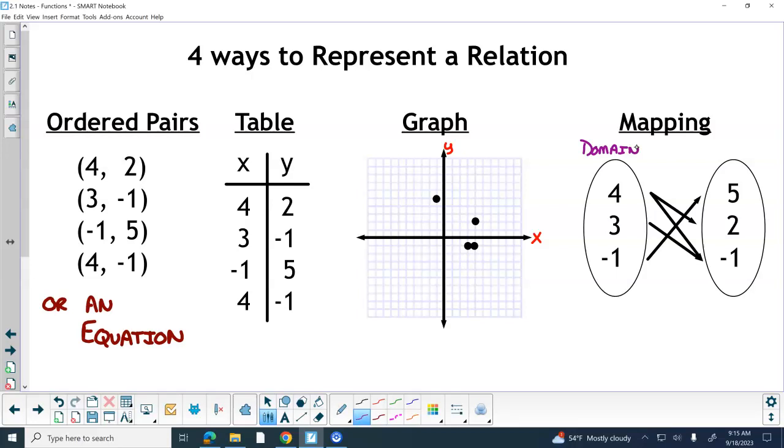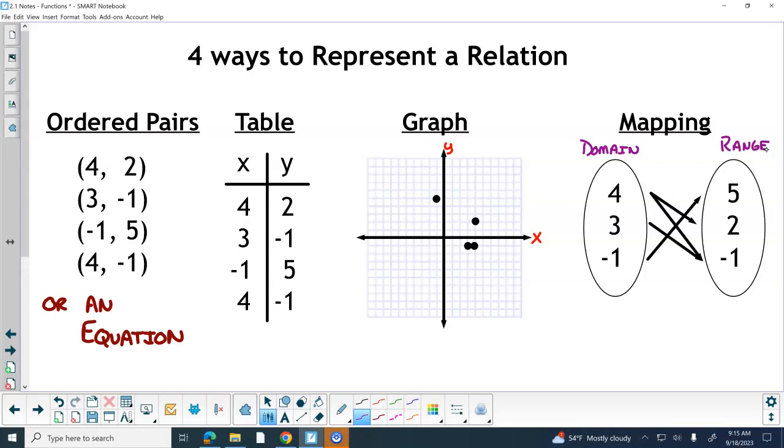The domain is our X values. So in this column, there are 2 positive 4s, and we only write one of them. And then we also have our range. There's a repeat of -1 in the range. You write it once in a mapping. And then you draw arrows.